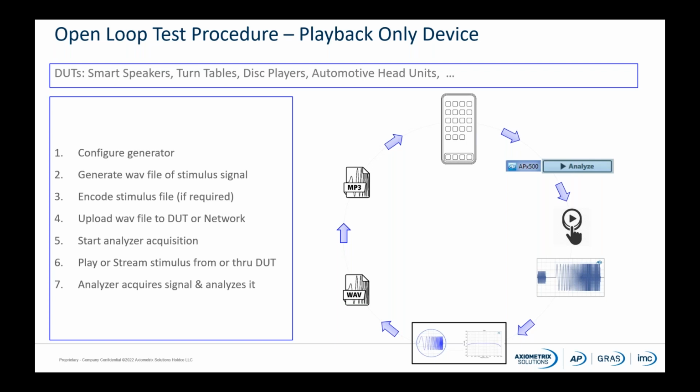Then we upload the stimulus file to the DUT or the network. Next, we start the analyzer acquisition. Step 6 is to play or stream the stimulus file from or through the DUT. And finally, the analyzer acquires the signal and makes the analysis.